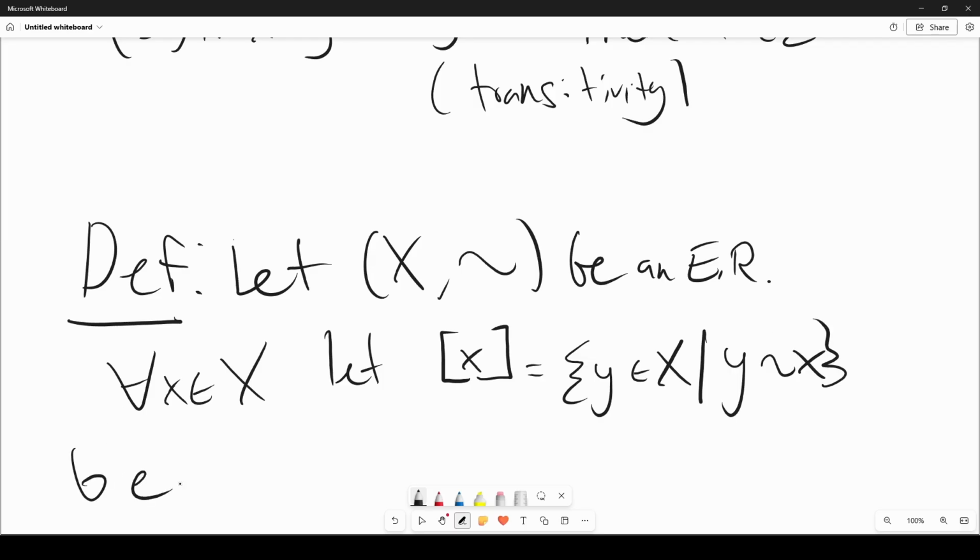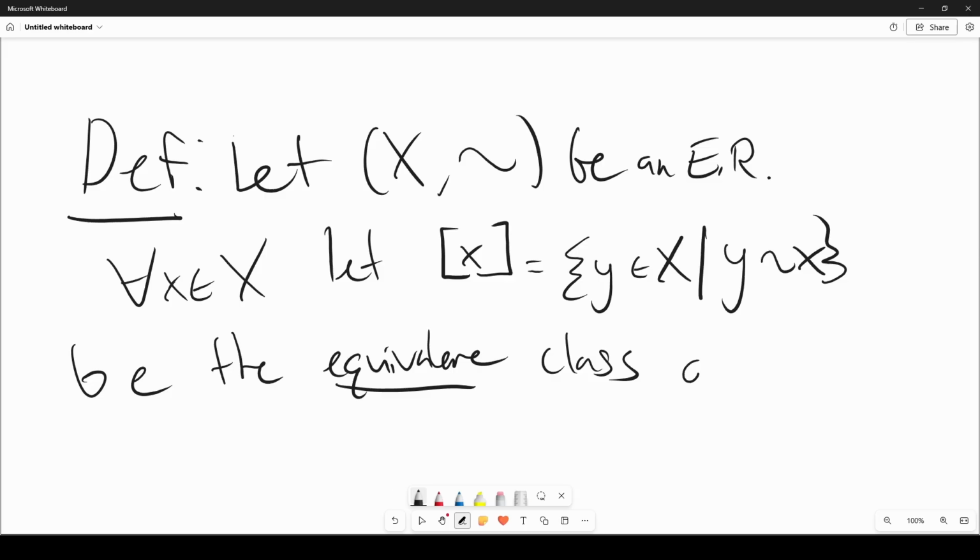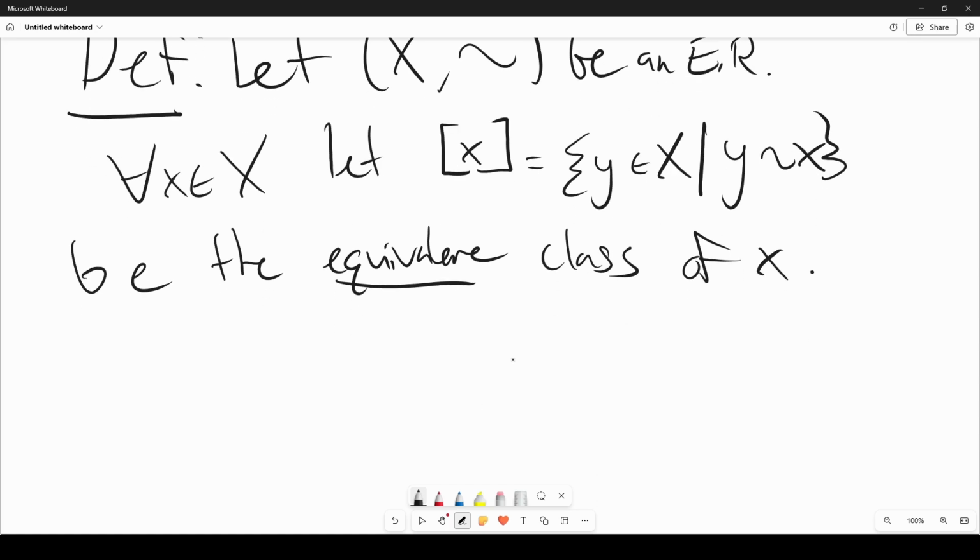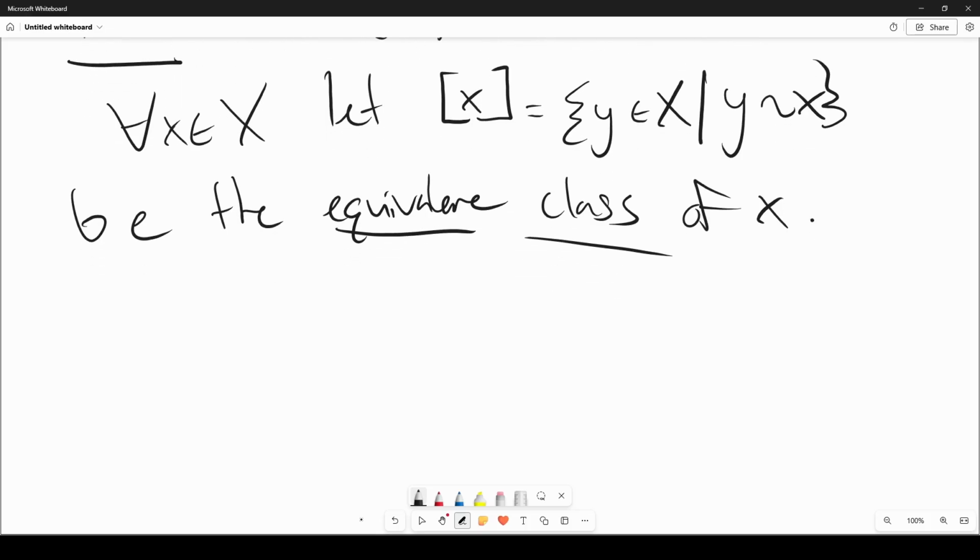And we're going to call this the equivalence class of x. So you can imagine this as, by definition, all those elements which are equivalent to x in the big set X. I think the best way to understand equivalence relations and equivalence classes is just by doing a quick and easy example.